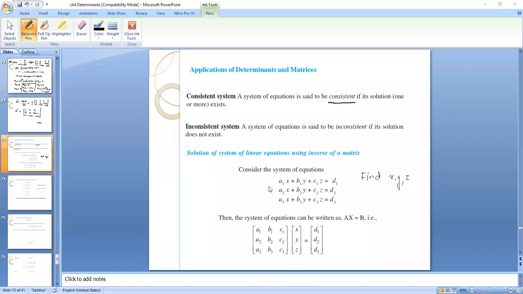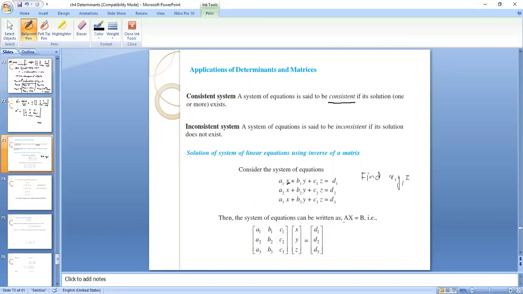In the matrix A, we will write all the coefficients of x, y, z. This is a1, b1, c1, a2, b2, c2, a3, b3, c3. Then you will multiply it with x, y, z, the variables, the unknowns which we have to find. X, y, z is equal to, and on the right hand side you have d1, d2, d3.